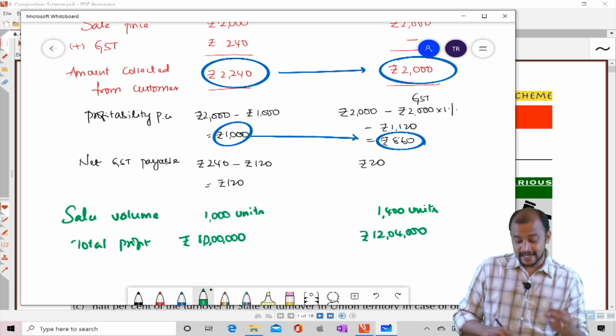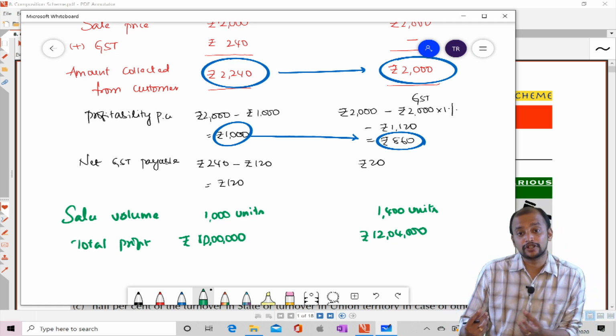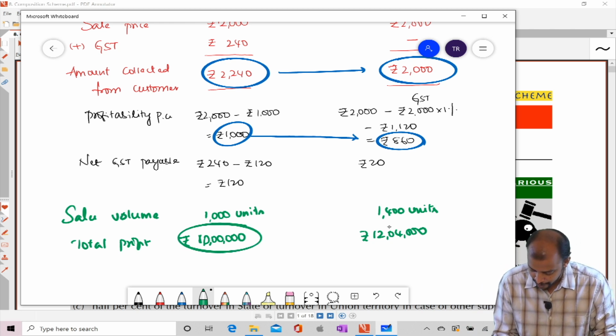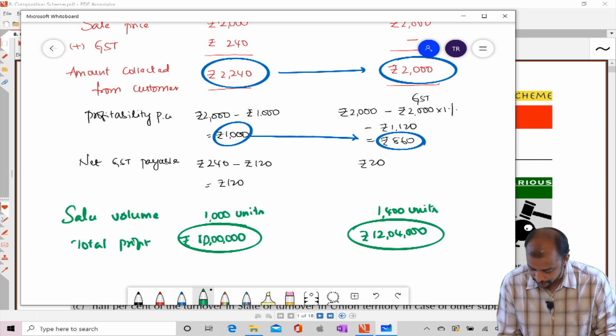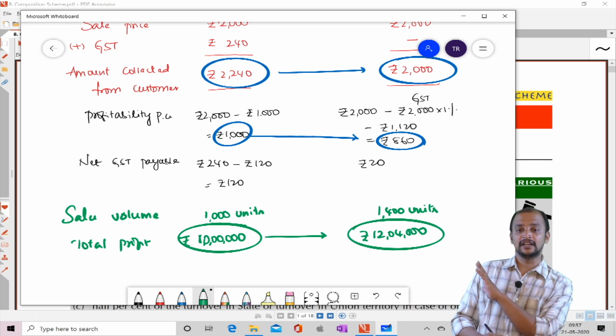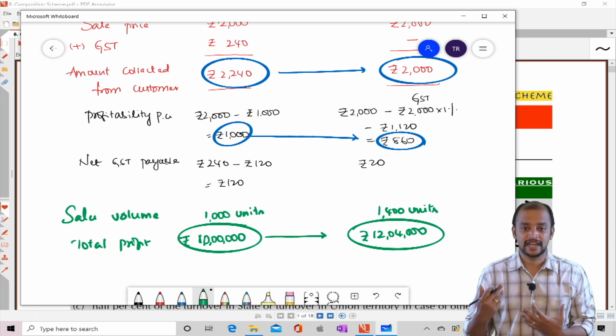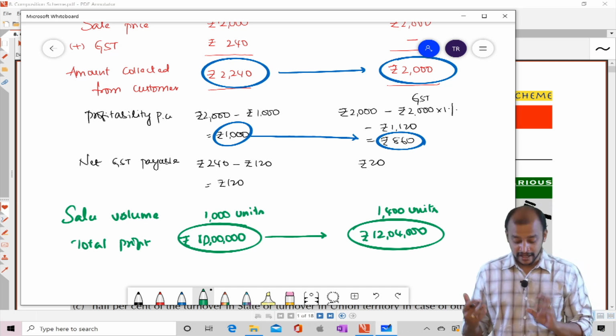So here it is 10 lakhs and there it is 12 lakh 4000. The profit has increased, yes or no? Therefore I should be going for the composition scheme because my volume increases.